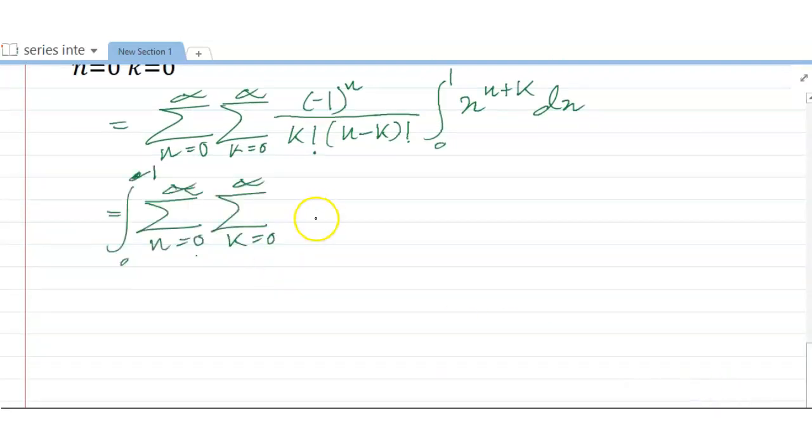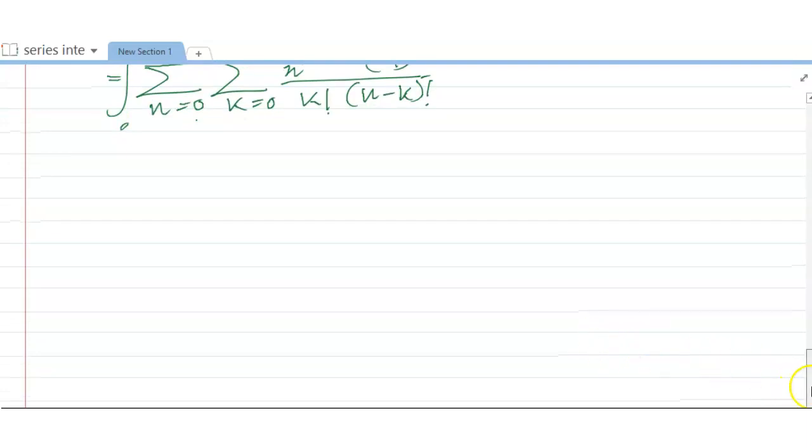And we can write this way, minus x to the power n plus k into minus 1 to the power n divided by k factorial into n minus k factorial.